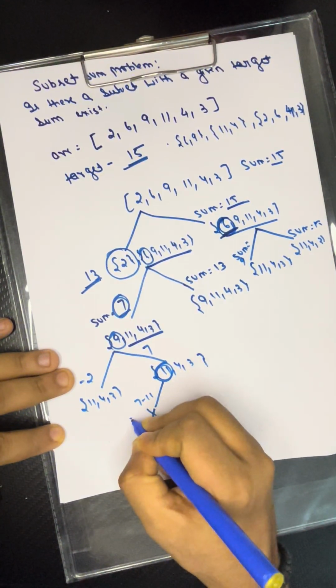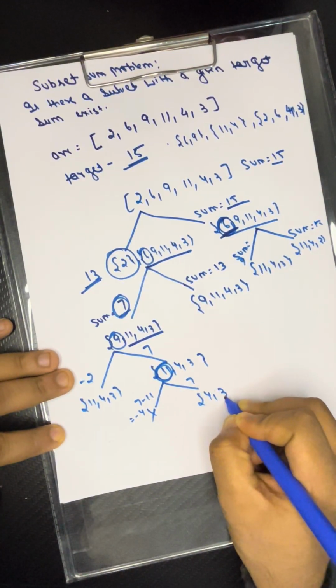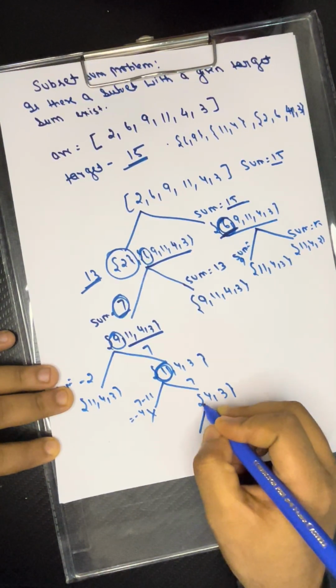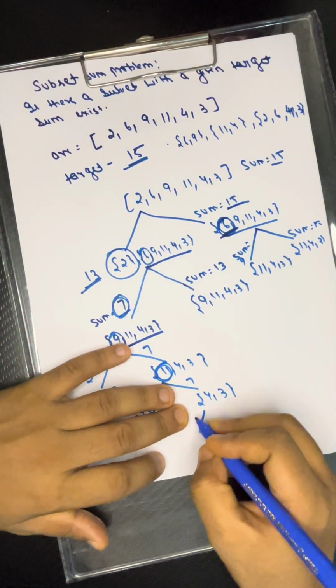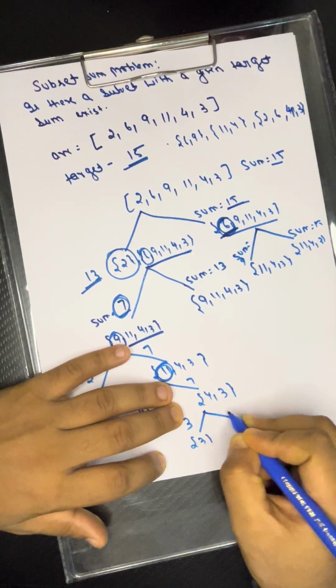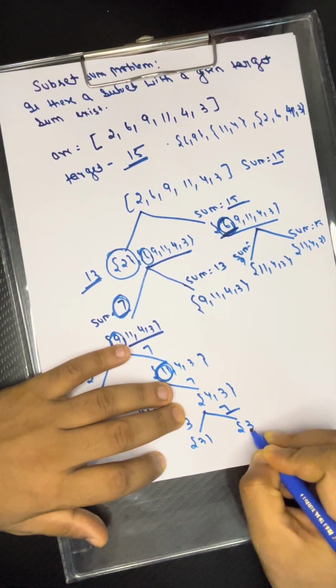So we have to find 7 and the elements given are 4 3. Here we'll take 4 and reject 4. If we take 4, then we have to find 3 and the element left is 3. If we reject 4, then we have to find the sum 7 and the element left is 3.